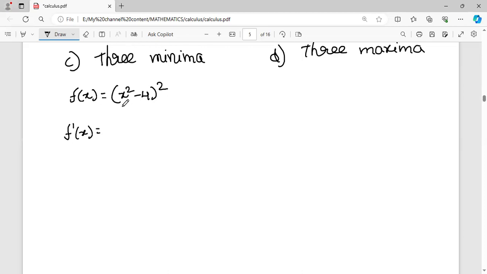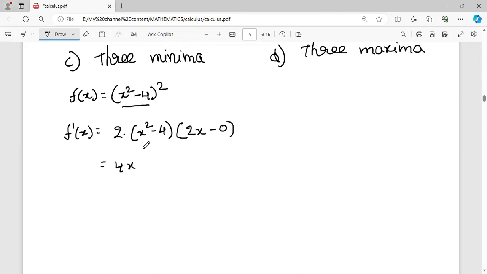So here is the total function. The derivative of this is 2 into (x square minus 4) into the individual derivative of x square minus 4. The derivative of x square minus 4 is 2x minus 0.